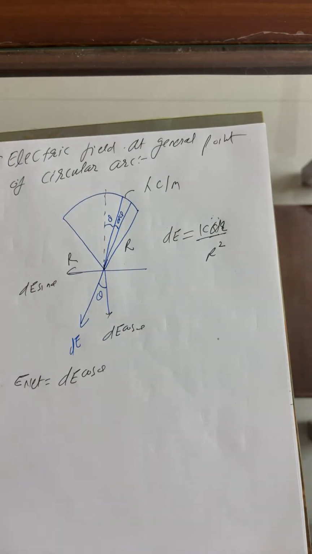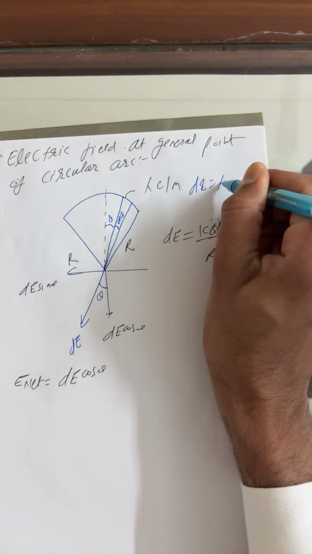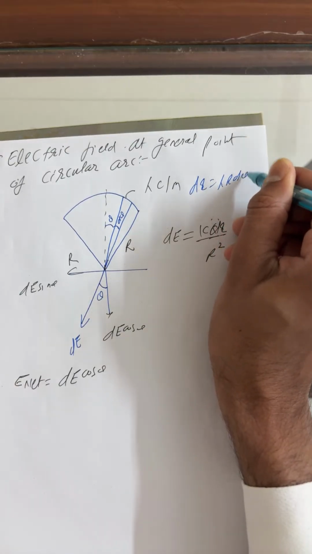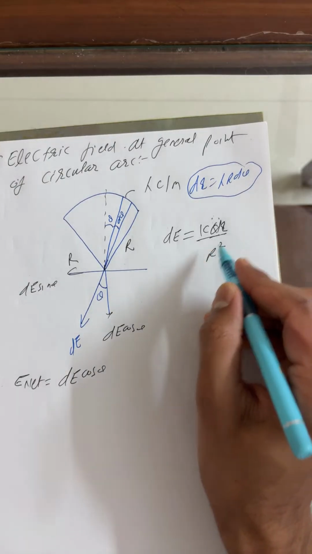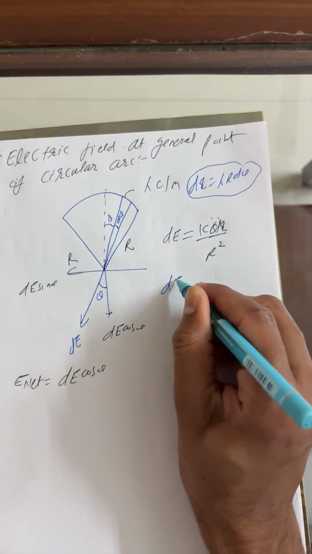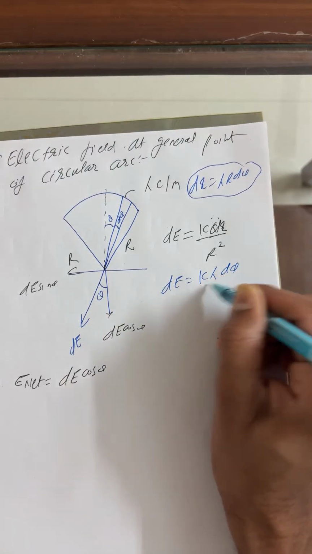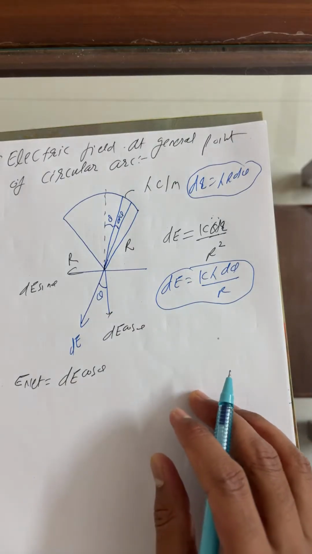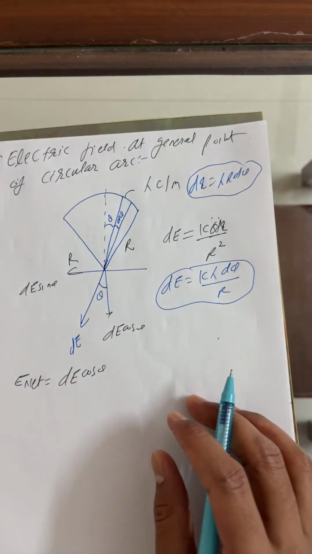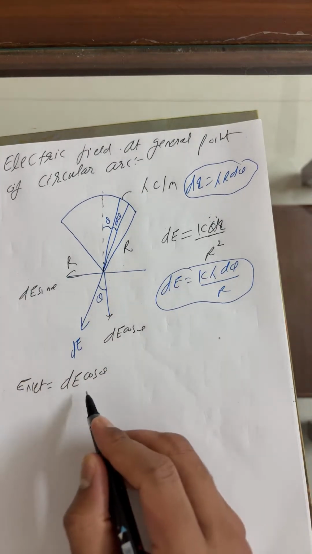What is dQ? dQ is lambda r d theta. So dE is k lambda d theta by r. Now just apply the limits and we'll get the answer.